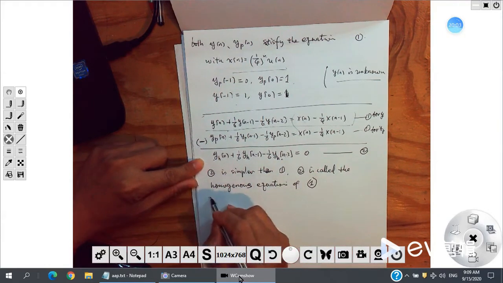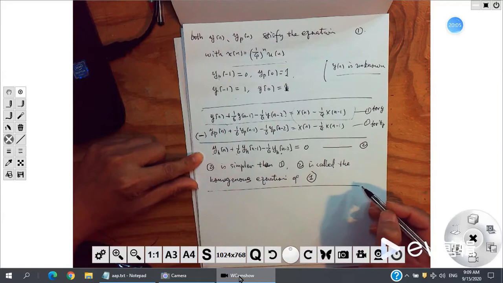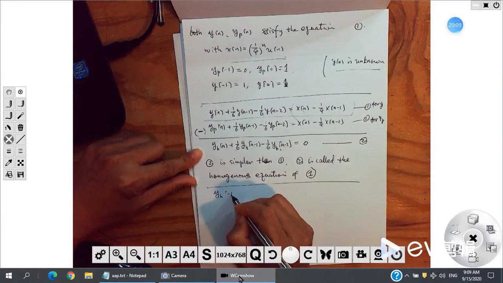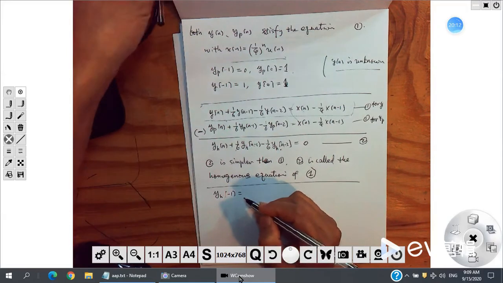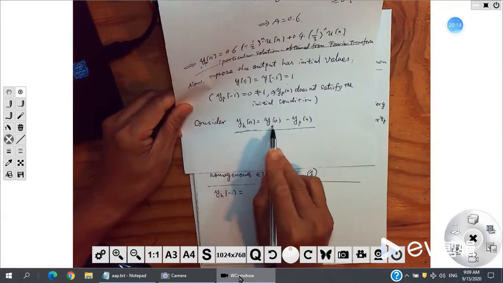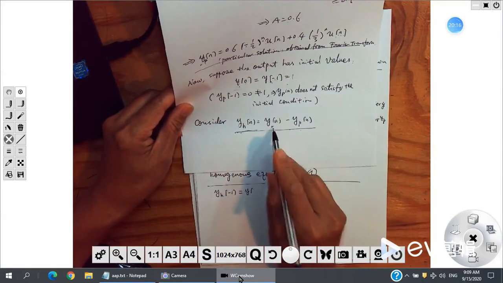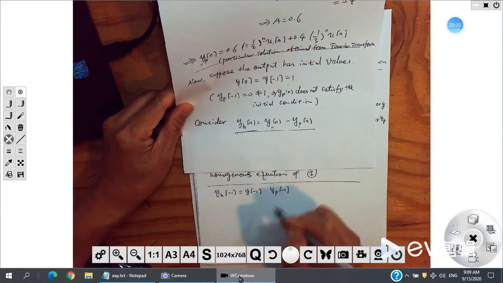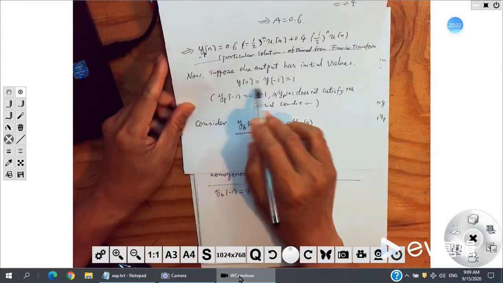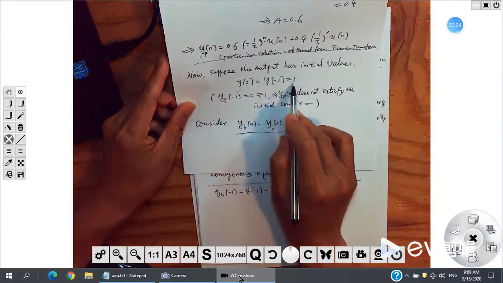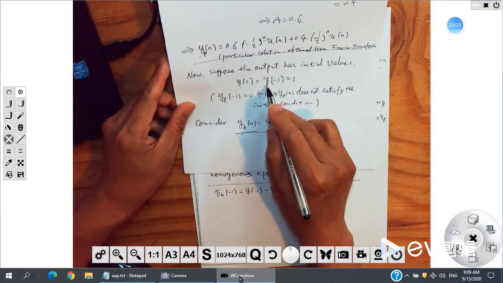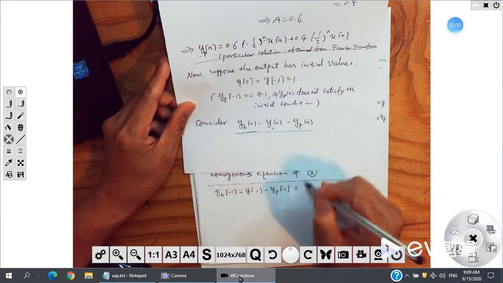Okay, and also for initial condition, yh of negative 1 will be, because yh is this, right? yh is this, so this is y of negative 1 minus yp of negative 1, and the y of negative 1, we suppose it is 1, right? The given condition, the y has to satisfy this, so this is 1.